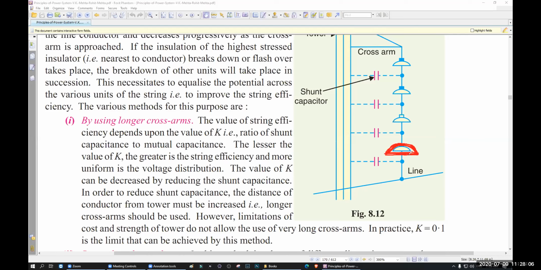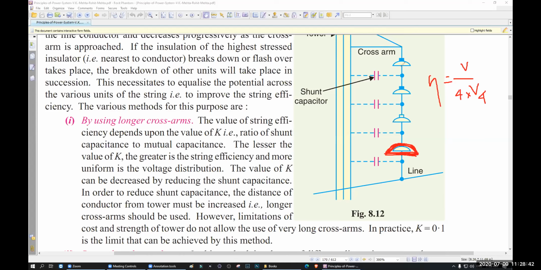Because that is the disk nearest to the conductor, and that is the disk that appears in your efficiency formula, V divided by 4 into V, right? So if you can make its voltage smaller, your efficiency goes up. So you are making the last disk bigger. If you make your last disk bigger, it will hold less voltage and your efficiency goes up.